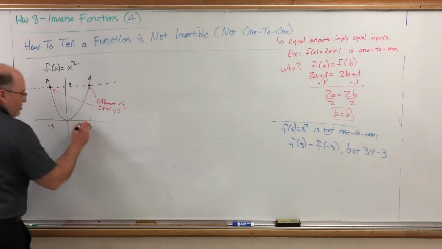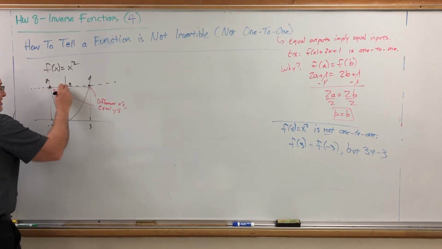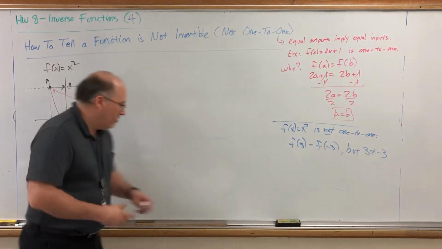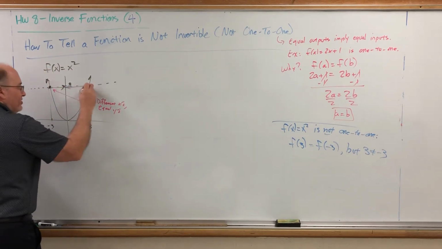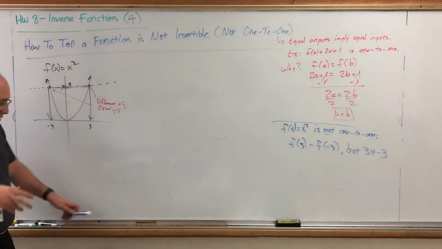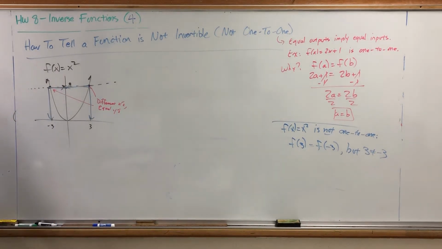So if one function turns 3 into 9, but also turns negative 3 into 9, then the inverse function has to simultaneously turn 9 back into 3 and 9 back into negative 3, but functions can't produce two outputs at once. And so we had a problem. So visually speaking, there is a way to look at a function and go, you're not invertible if I know what your graph is.